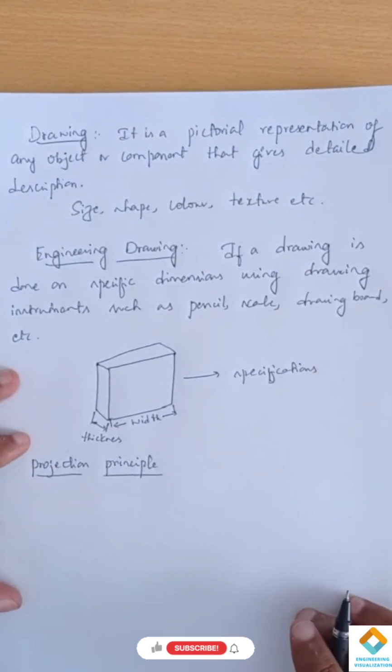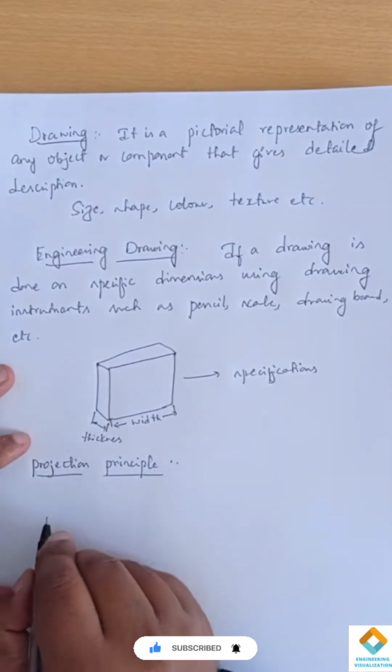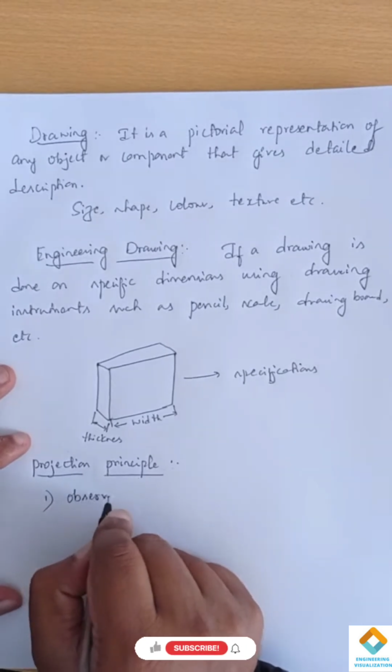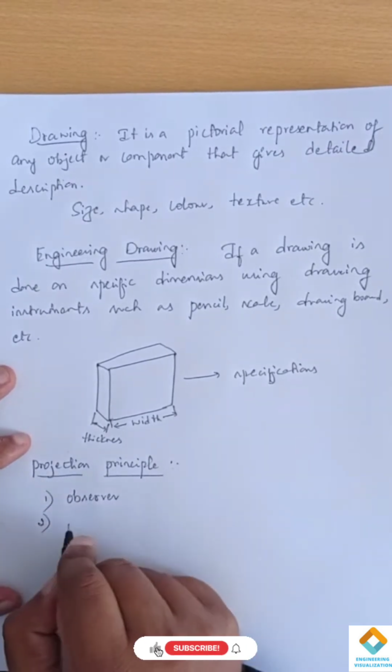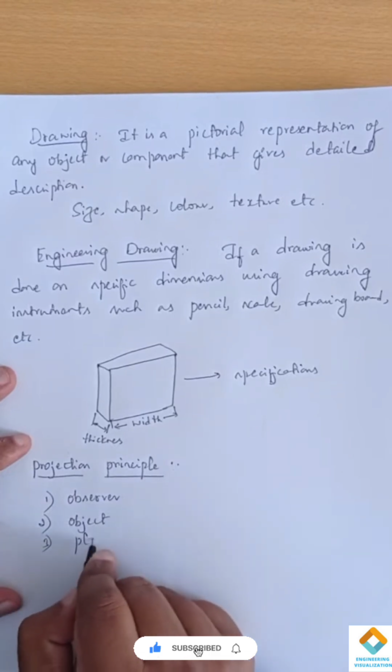It is nothing but projecting the views or images of an object with respect to the screen. In order to apply the projection principle, we require three things: one is the observer, second is the object, and third is the plane.